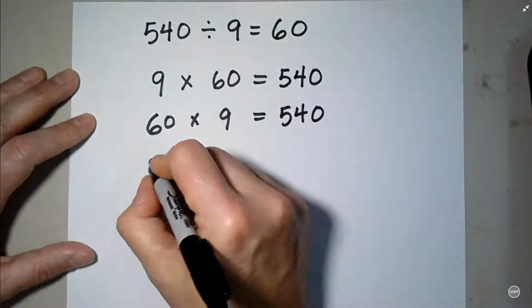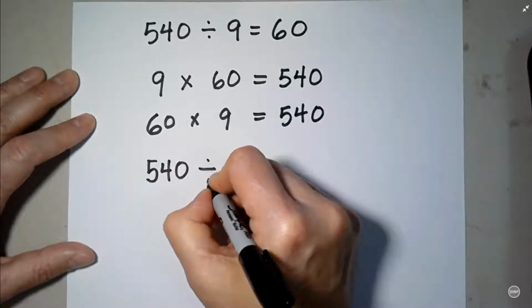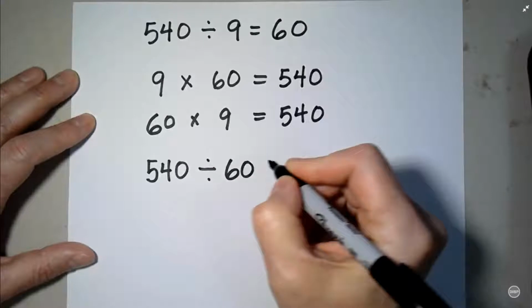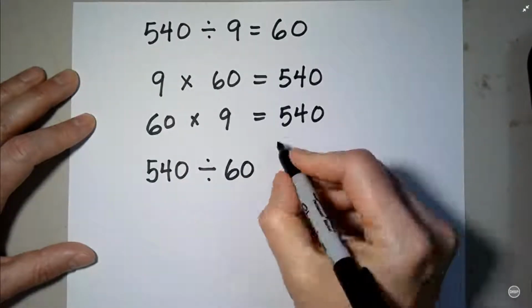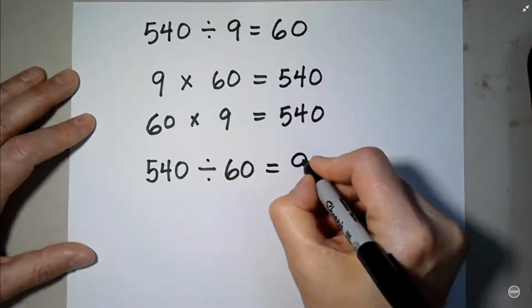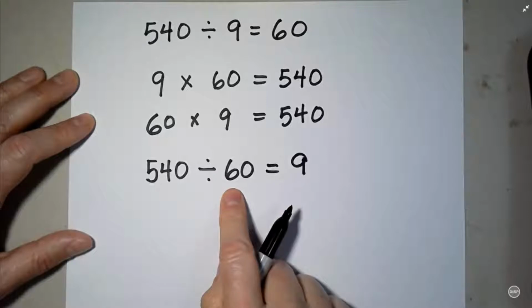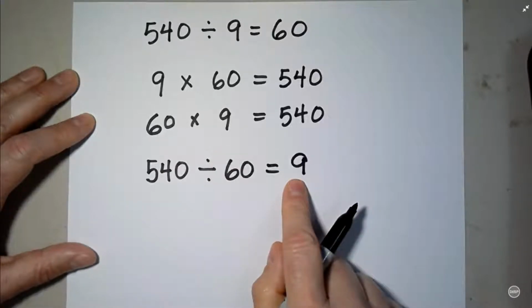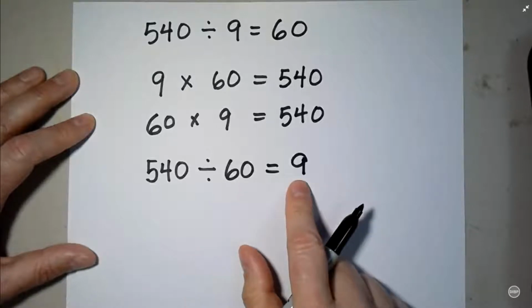Okay, and we can say, keeping our dividend the same, 540 divided by 60 should give us 9. In other words, what if I knew the number of bags and said, well, how many cartons would I need? Okay, I'm still going to come up with the same number of bags per carton.